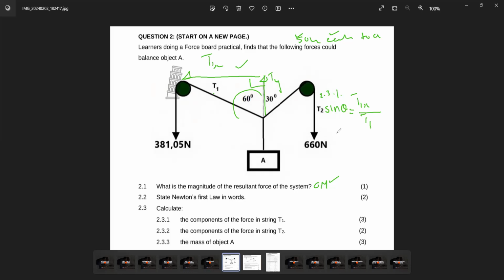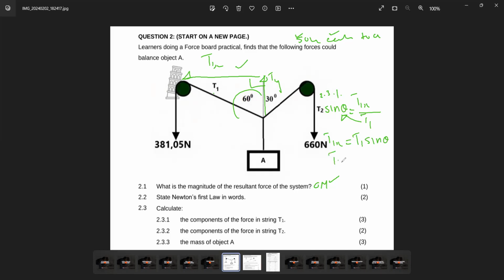Then we multiply everything, multiplying this by that. We'll have T1x equal to T1 sine theta.